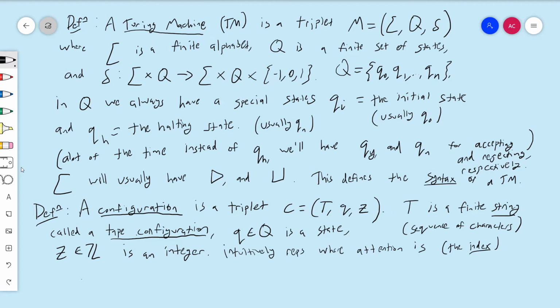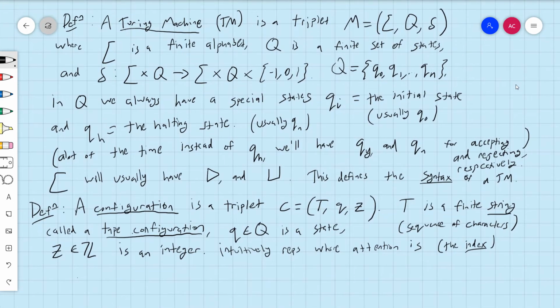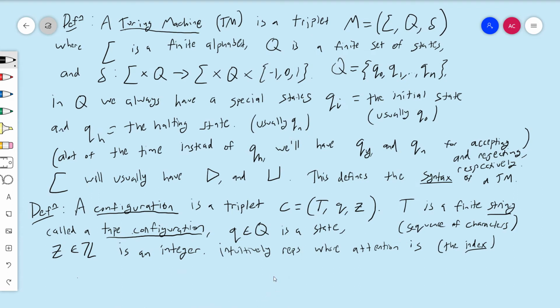I can get away with an integer as an indication of that because remember, I only have one row of my graph paper. Since the idea is that I'm going to start somewhere, I'm going to start where the play button is. The play button tells me where I'm going to start. I can just declare this to be z equals 0.